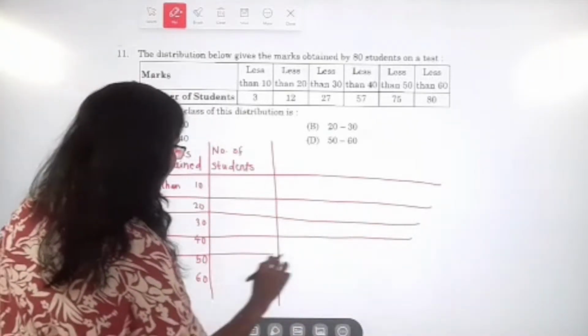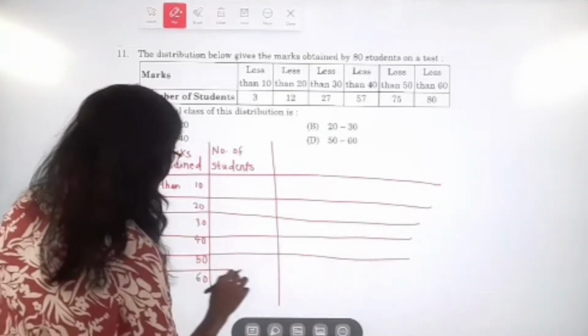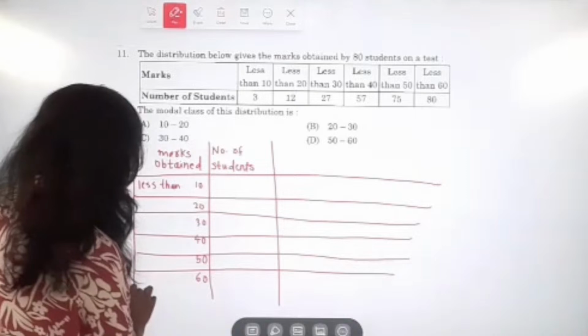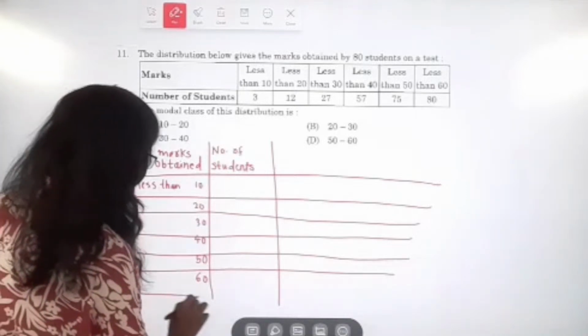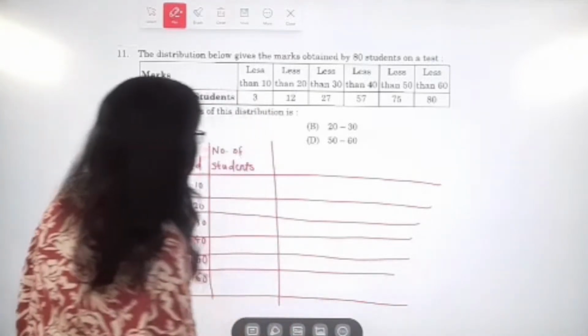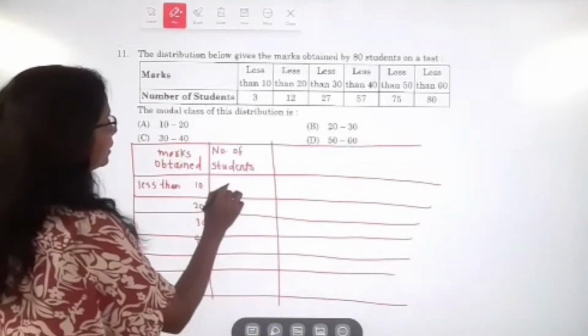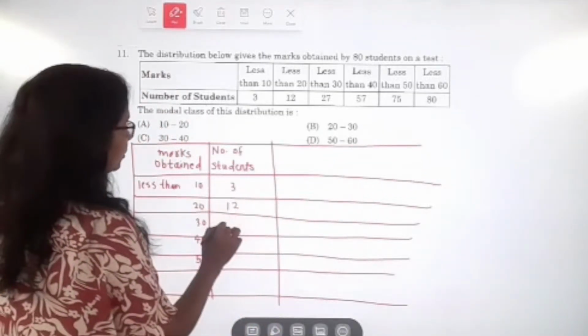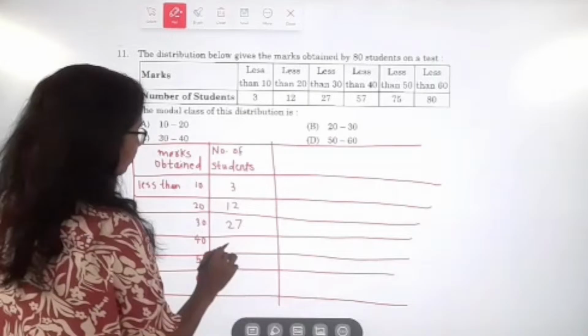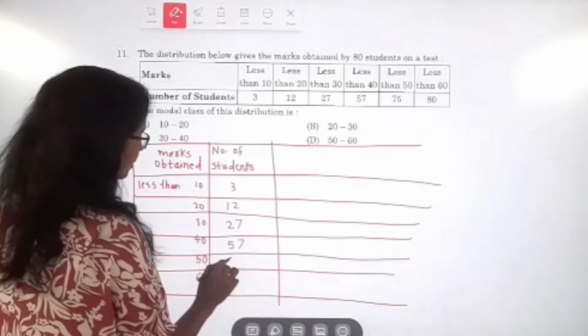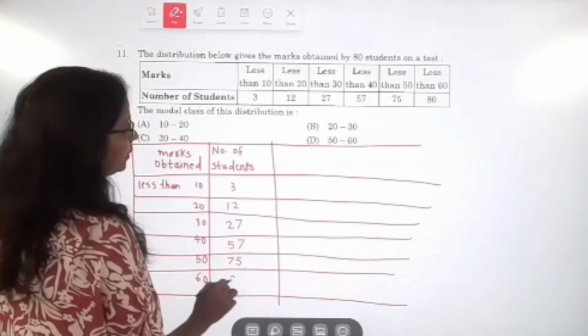The first column is for marks obtained. The second one is the number of students. So that will be 3, 12, 27, 57, 75 and 80.